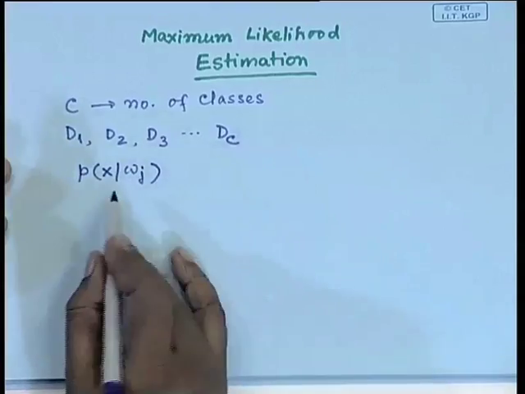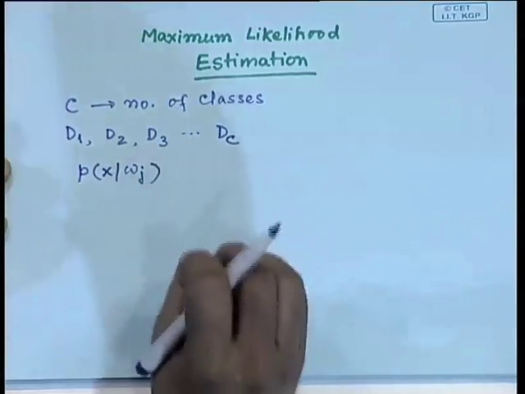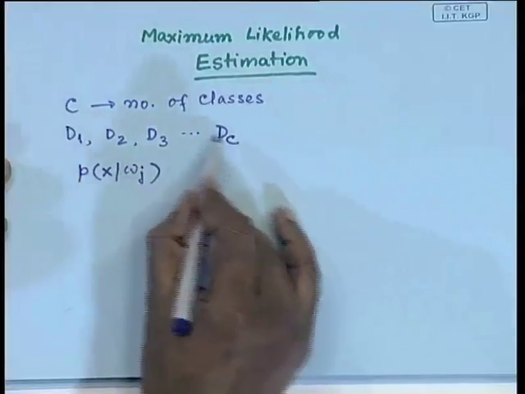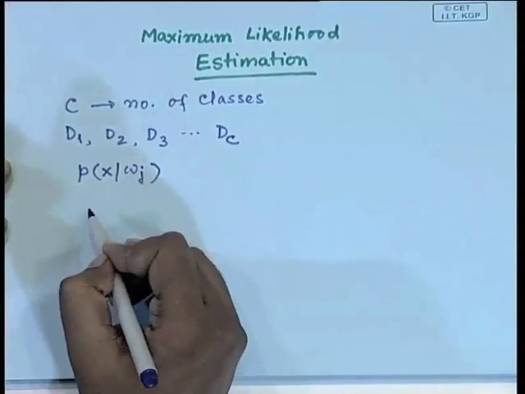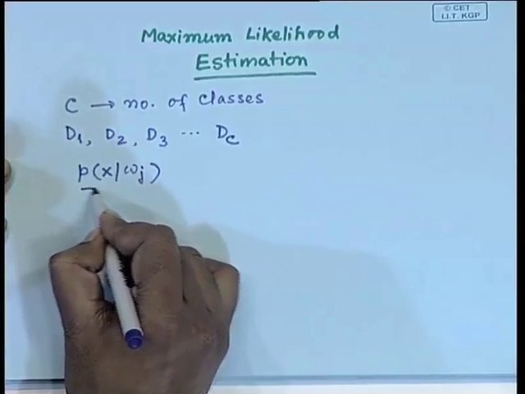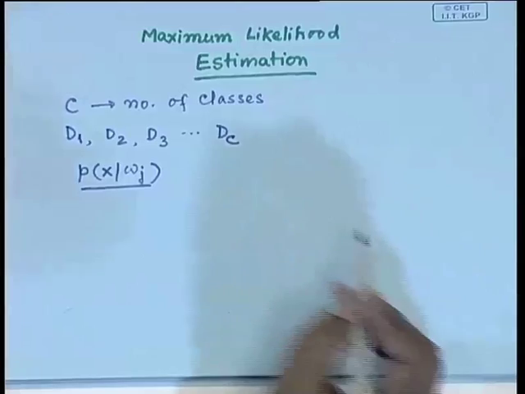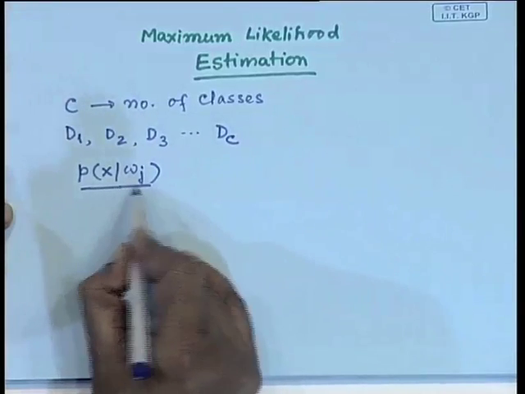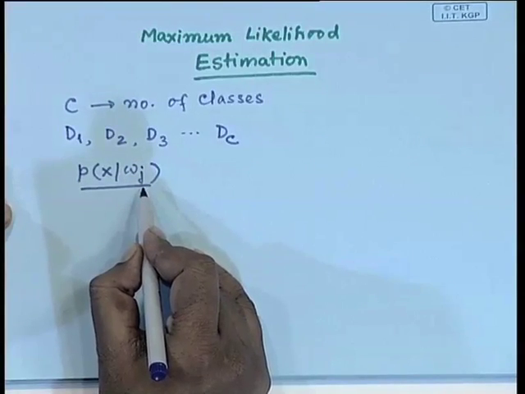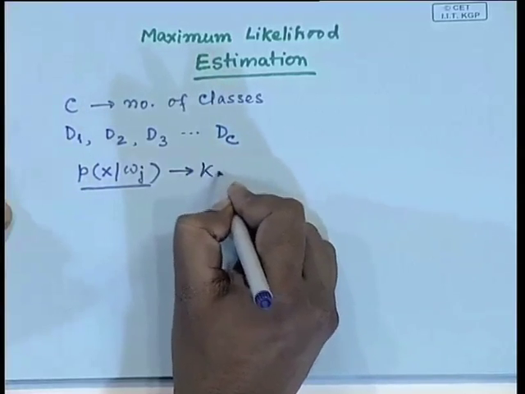And we also assume that P(x | omega j) has a known parametric form.